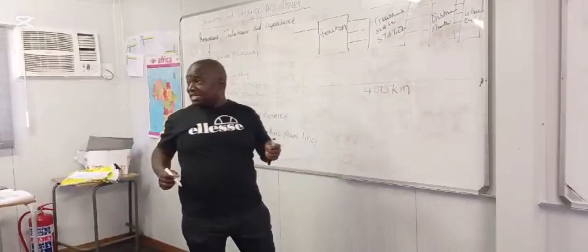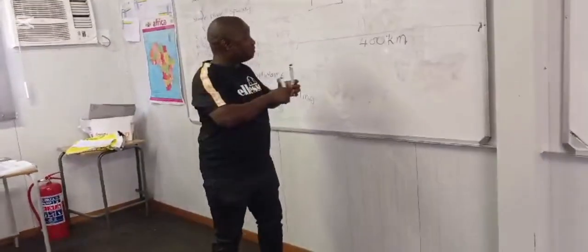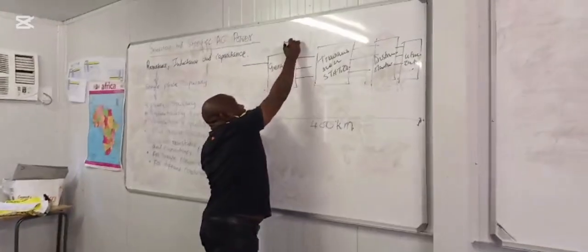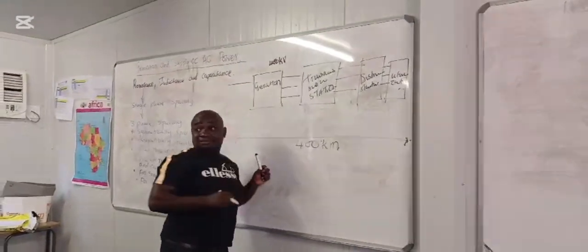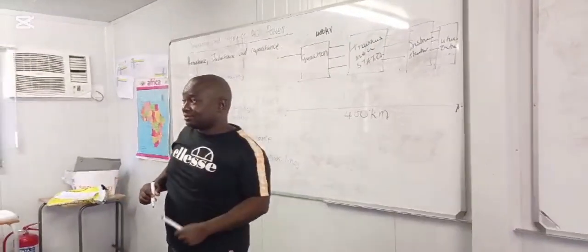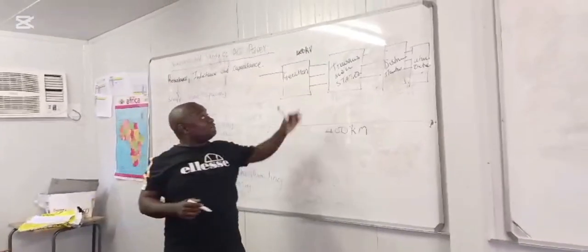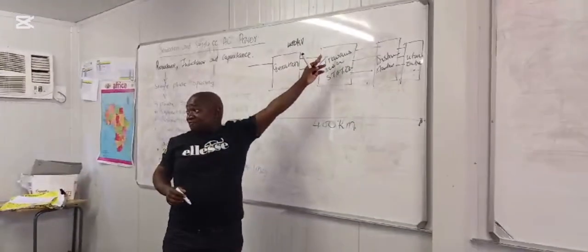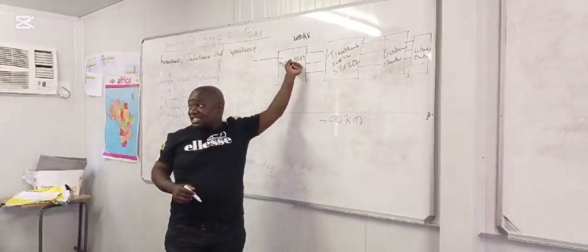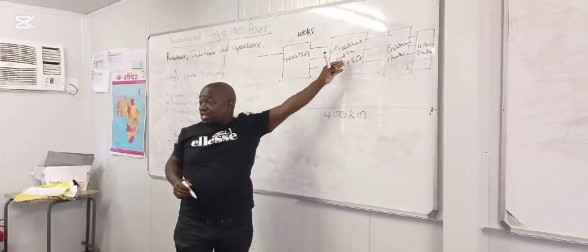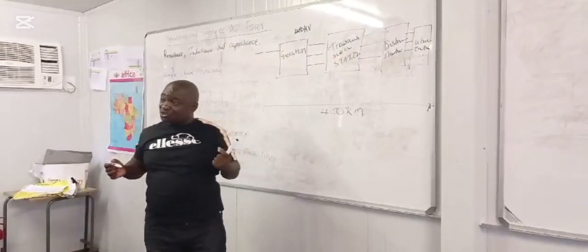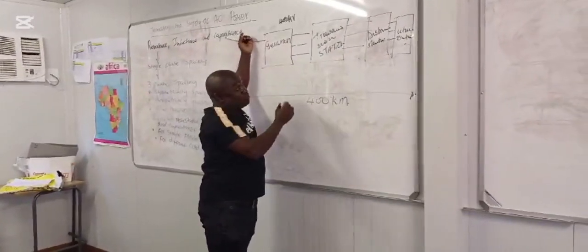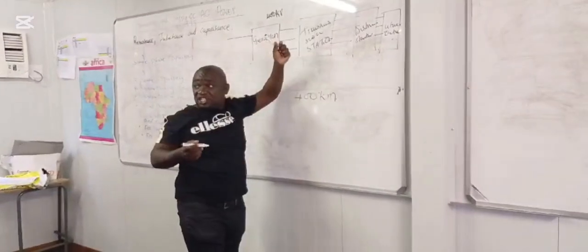Are we together? Now, let's say this is generated at 400 kV. That means on our national grid, our transmission grid, 400 kV is injected so that it can be transmitted from the power generating station to the transmission station, which is also a distance. Are we together? The distance from Midubi to the transmission station can be plus or minus 150 kilometers.